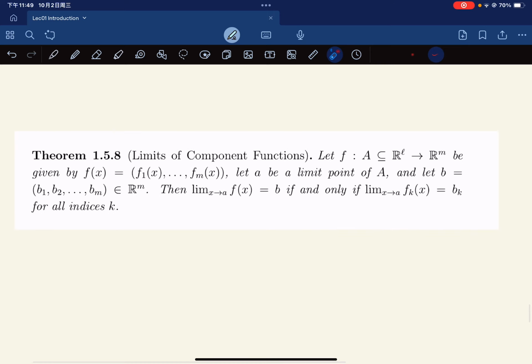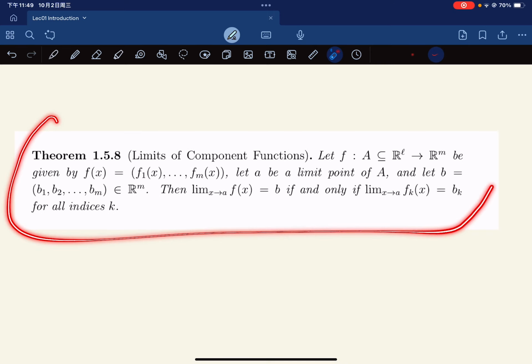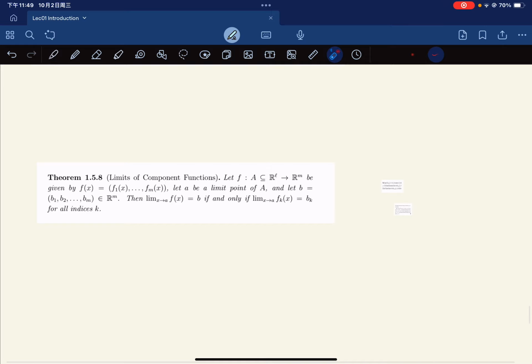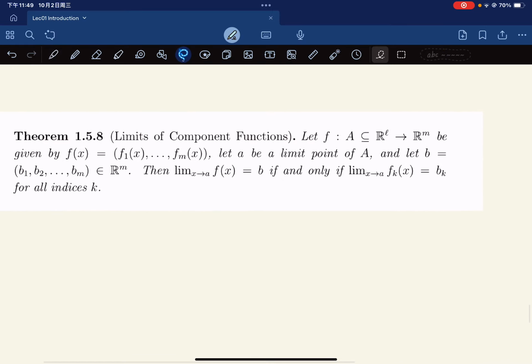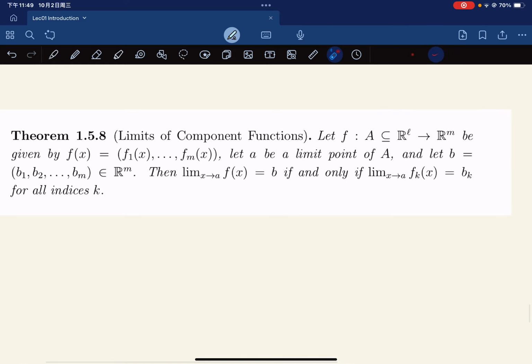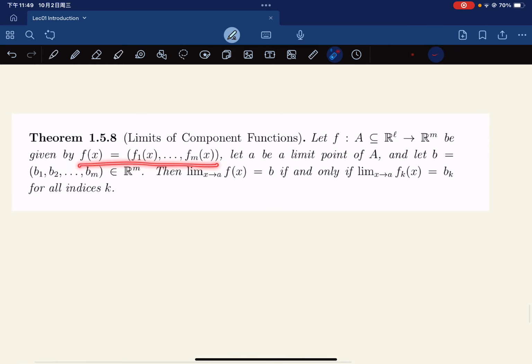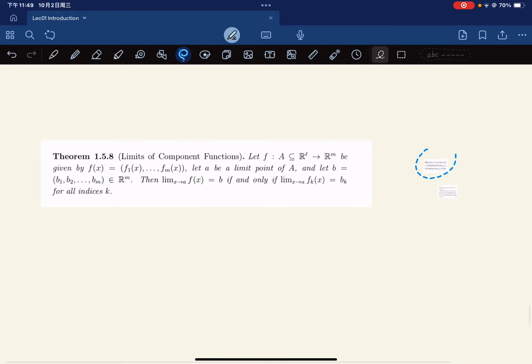And the limit of component functions, right? So the proof of it, right? So first read this statement. It's that b is equal to this. So f(x) converges to b if and only if each fk converges to bk, right?